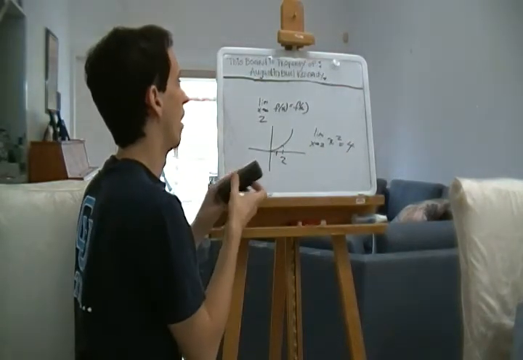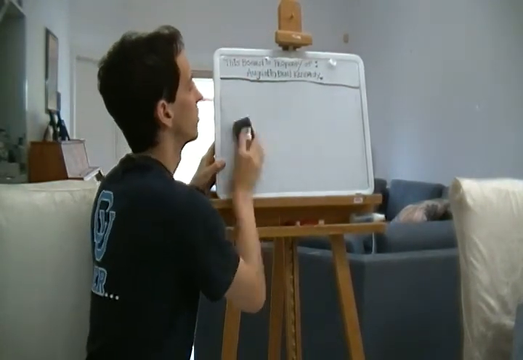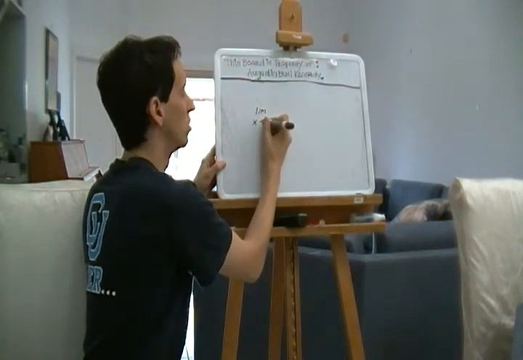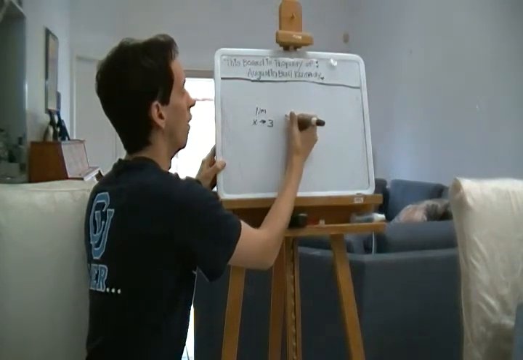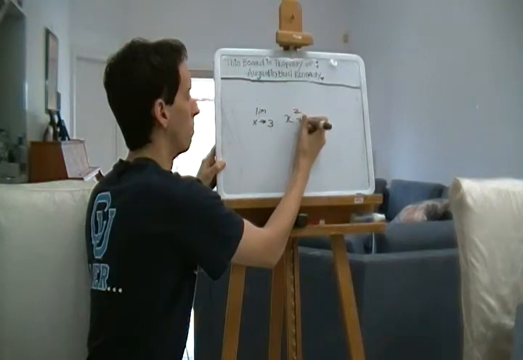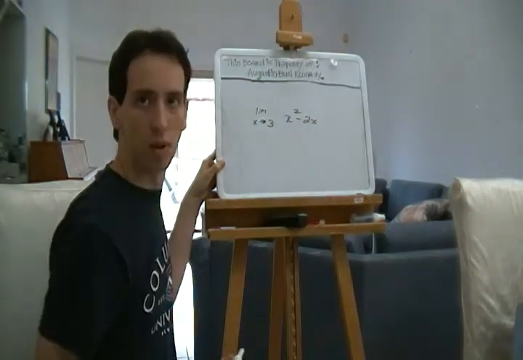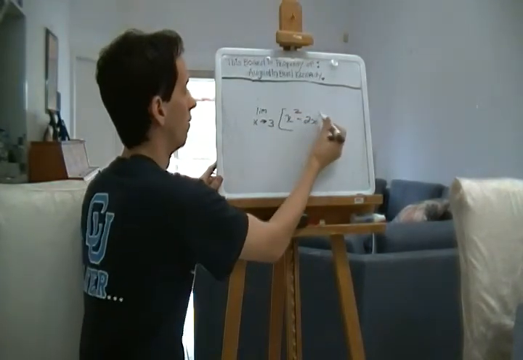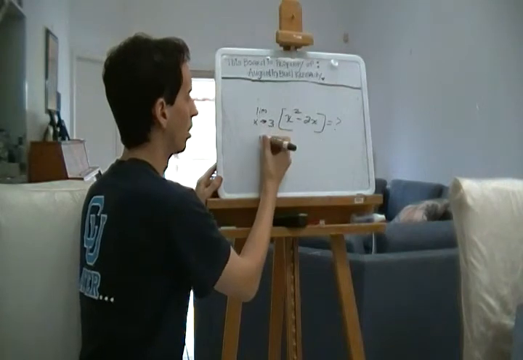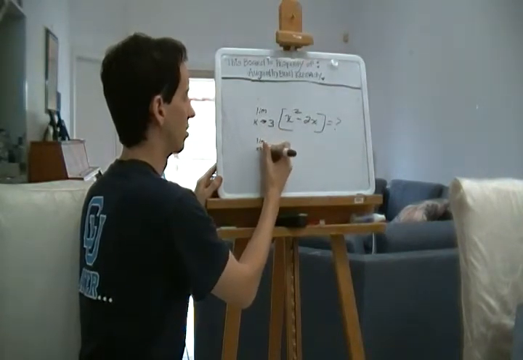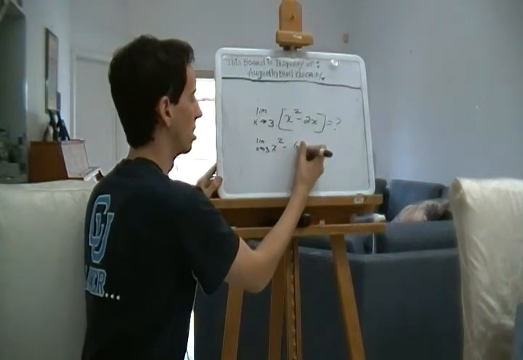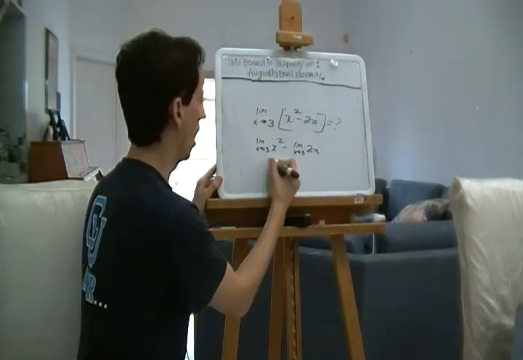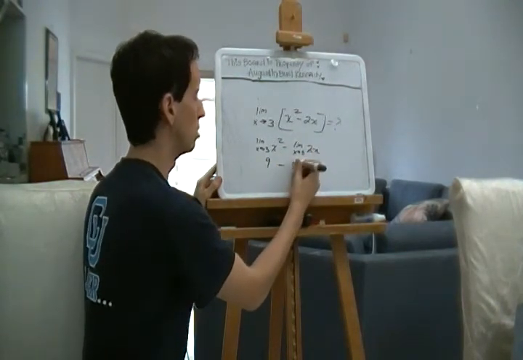Using some of those limit laws, we can say the limit as x approaches 3 of x squared minus 2x is the difference of the limits: the limit as x approaches 3 of x squared minus the limit as x approaches 3 of 2x. 3 squared is 9, minus 3 times 2 is 6.